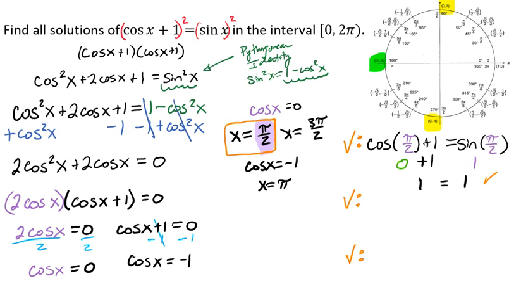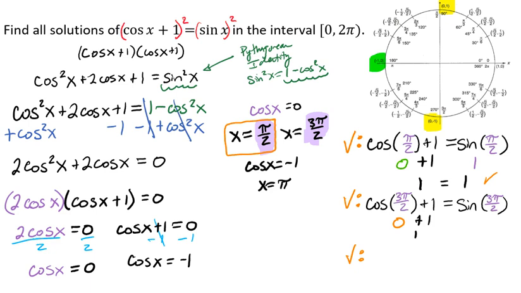Now let's check our second solution of 3 pi over 2. So let's plug that in. We want to go to where the cosine of 3 pi over 2 is, which is right here, and look at the x value there. The x value there is 0. So that's going to be 0 plus 1, which is 1.